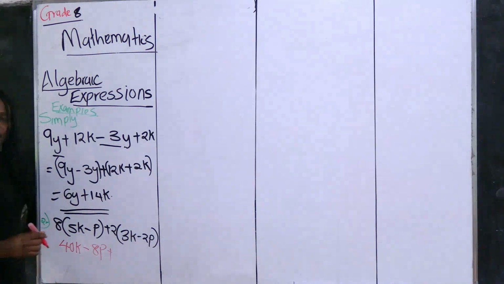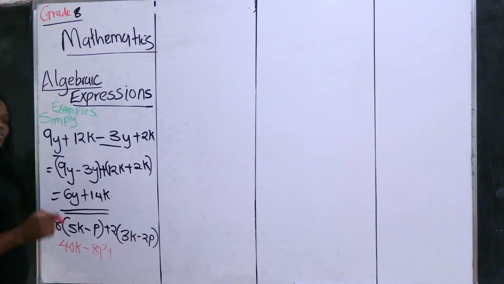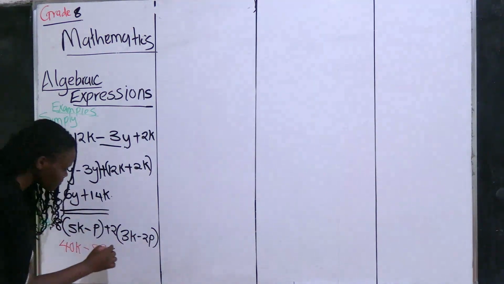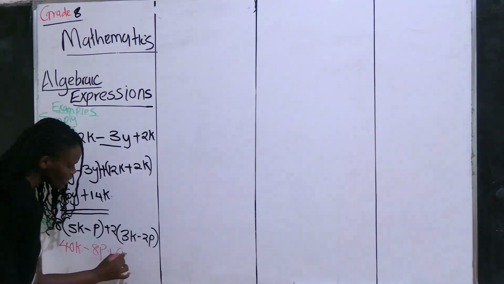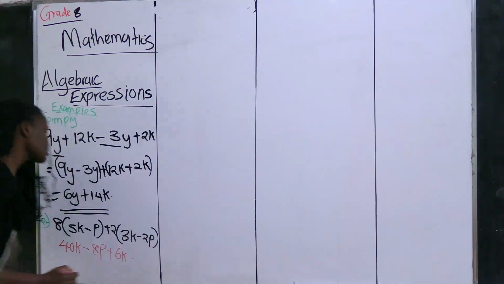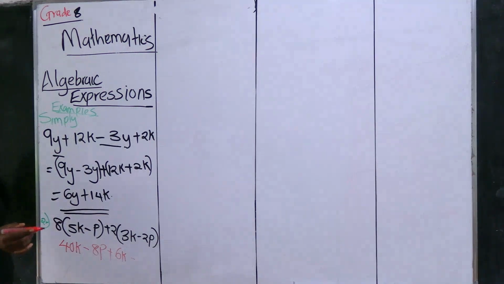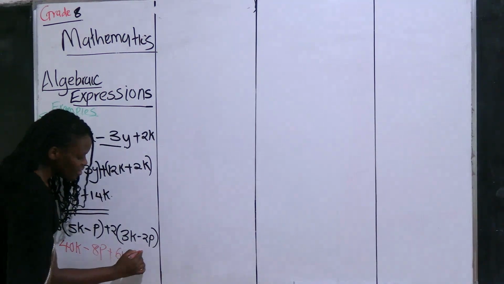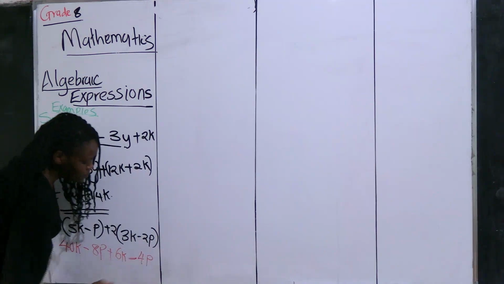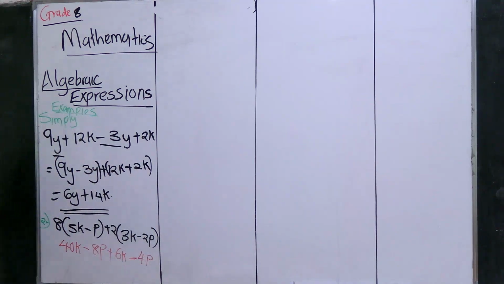Let's now open the bracket with 2. 2 multiplied by 3k will give me 6k, minus, positive 2 multiplied by negative 2p will give me negative 4p. Now we have opened the brackets.